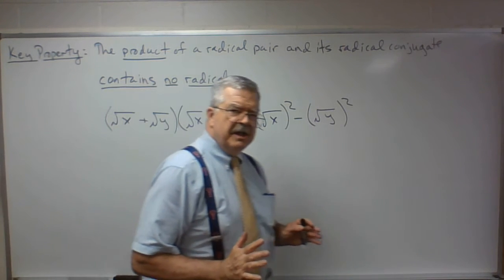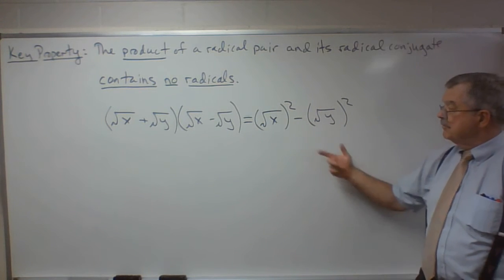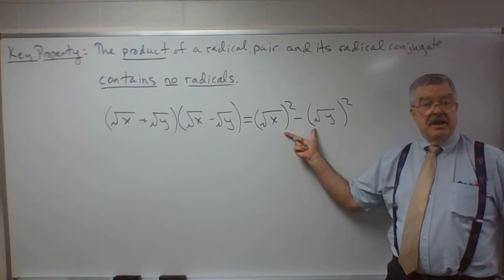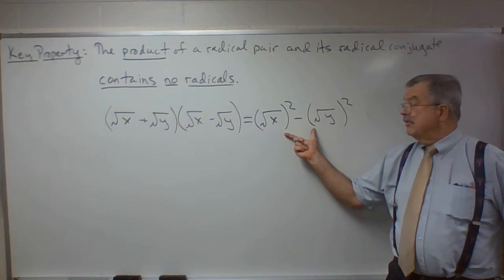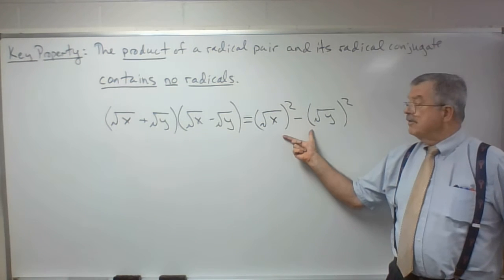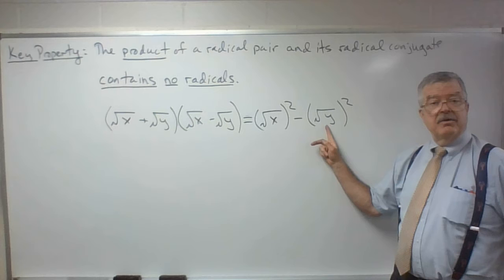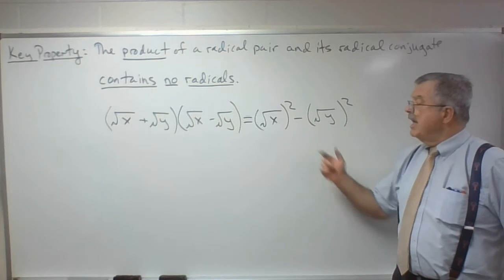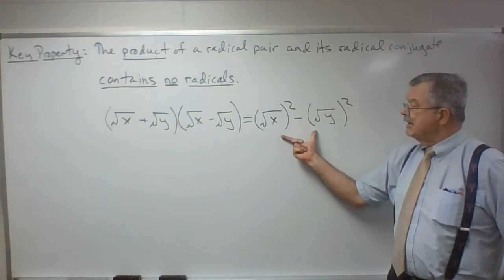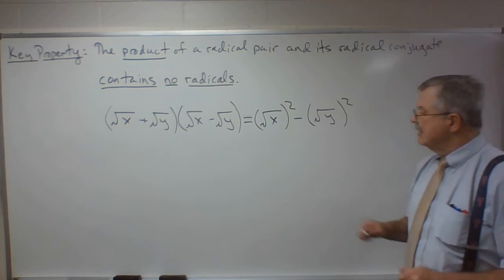Let's look at this thing going backwards for a second, going right to left. This is the difference of perfect squares, isn't it? This is square root of x squared minus square root of y squared. How does the square root of x squared minus the square root of y squared factor?